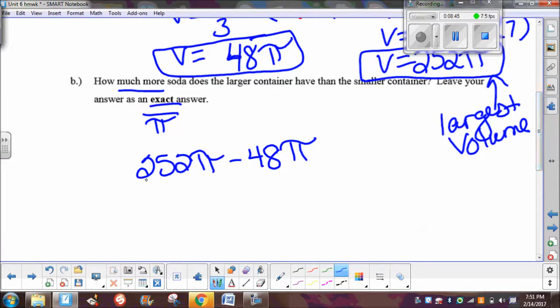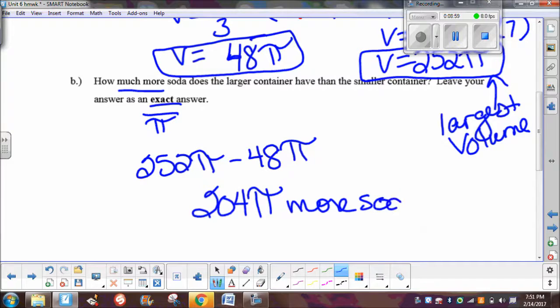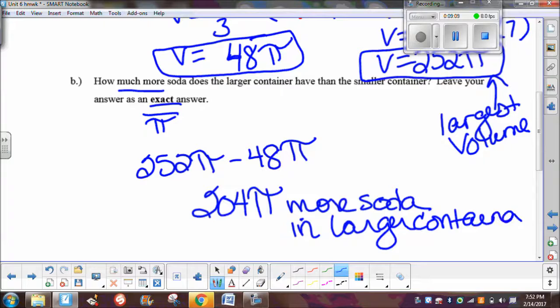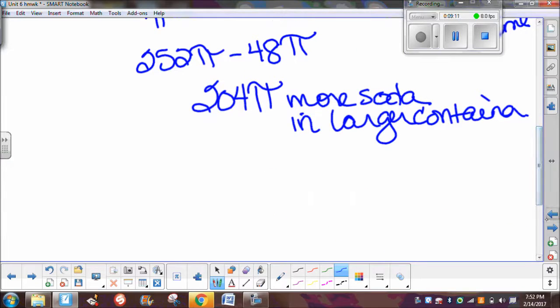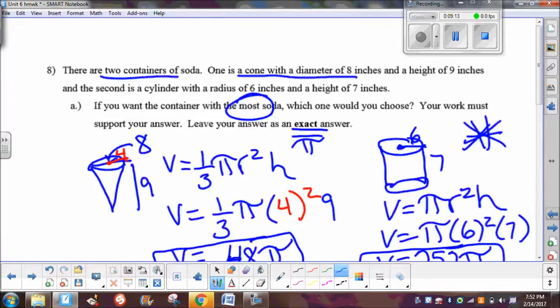So you're just going to take 252 minus 48, and we're going to end up with 204 pi. That's how much more soda is in the larger container. And that's all she wrote, my friends.